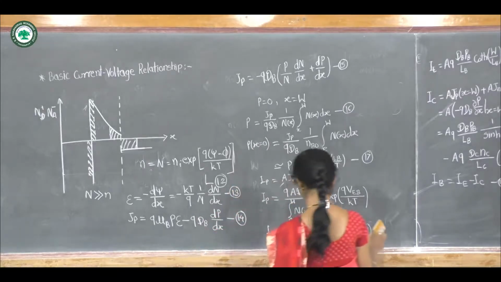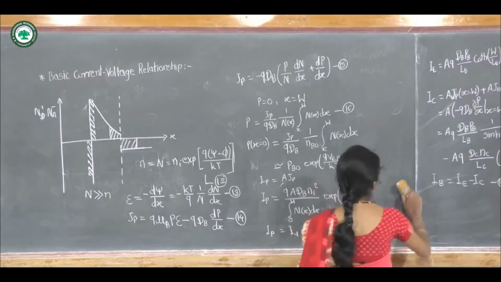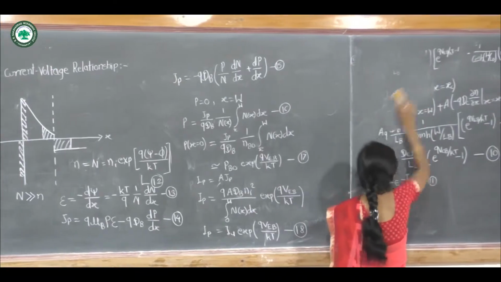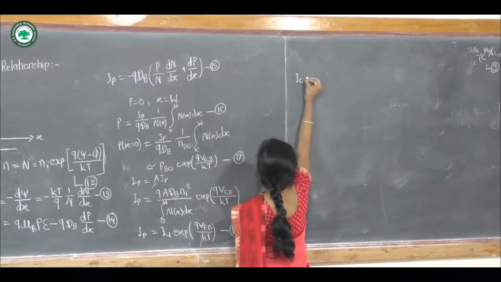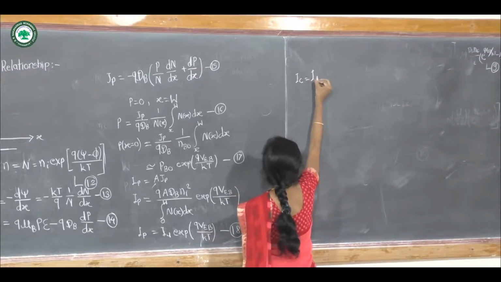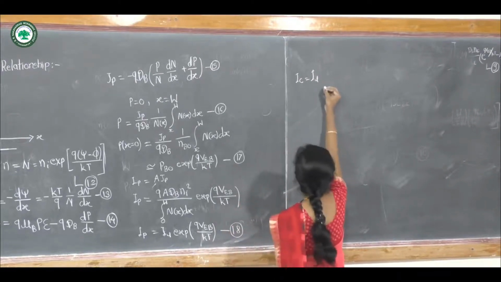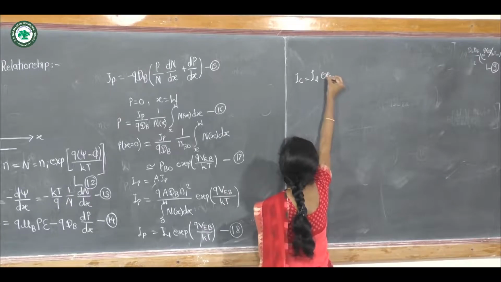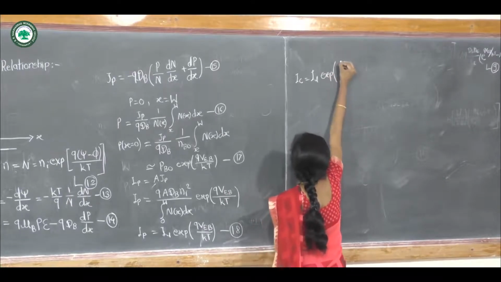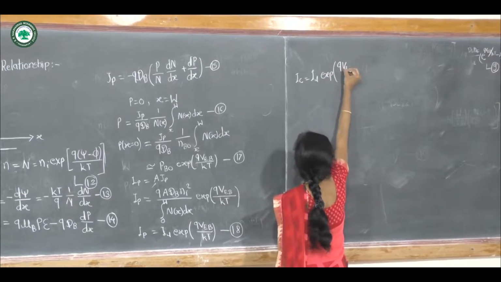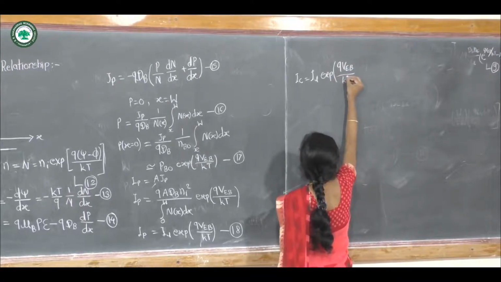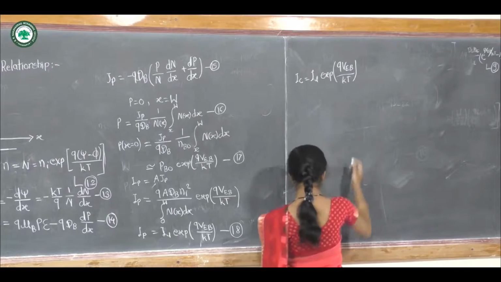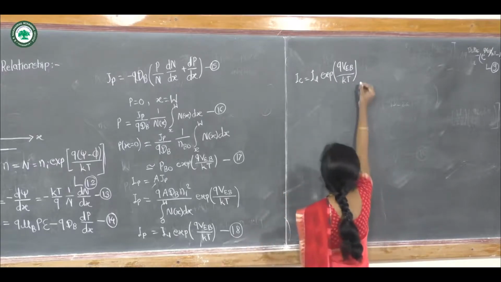So the total collector current IC is given by IC is equal to IL into exponential of Q into VEB by kT plus I2.